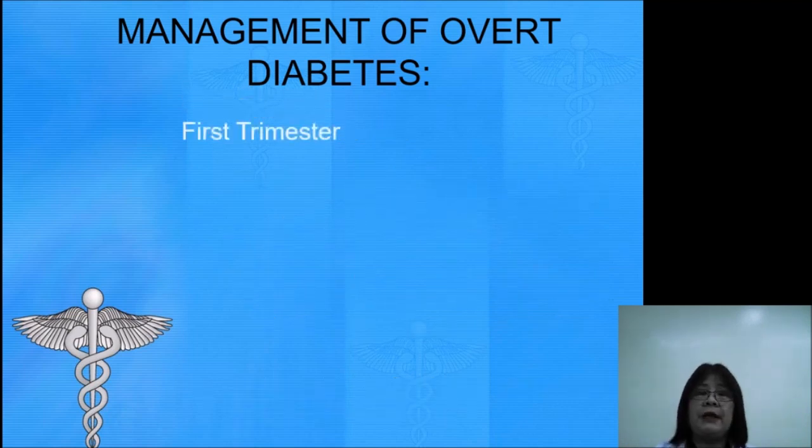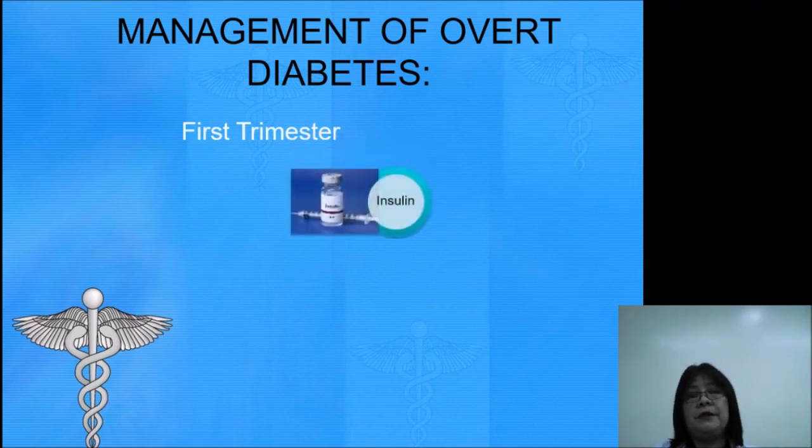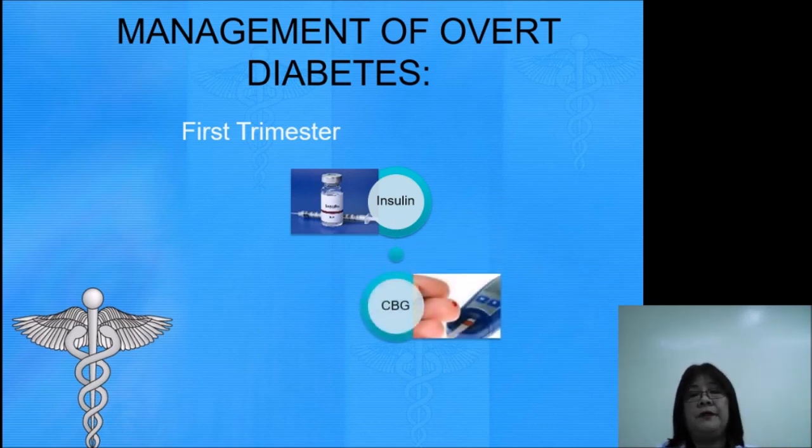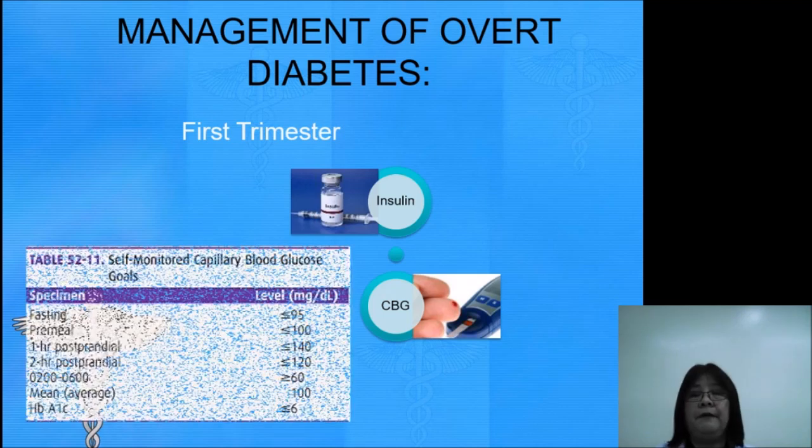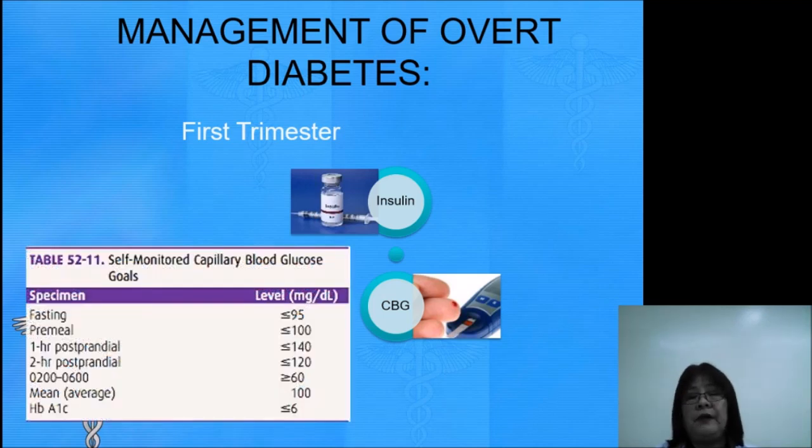So let's say you advise your patient to get pregnant. In the first trimester, you give her insulin. And then after you give her insulin, you ask her to monitor her capillary blood glucose level. What will be your target values to determine if your patient has controlled sugar level? The fasting level should be less than or equal to 95.